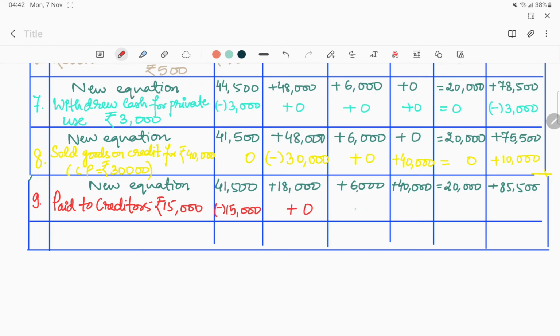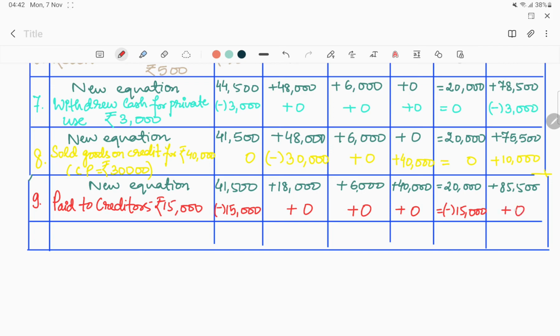Stock 0, then furniture 0, then debtor 0. Now here liabilities will get decreased by 15,000 because Mukesh is paying to creditors. So you have to subtract 15,000 from the liabilities.